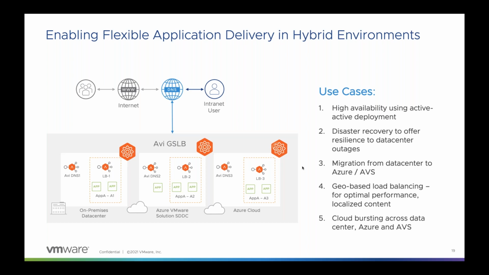In addition, you could also have your custom GeoDB, which Avi supports. So you can provide your own IP address to latitude, longitude mappings that could be used for proximity, especially in cases where it's a small area and you have multiple data centers in the same region, so the default IP mappings will not be of use.